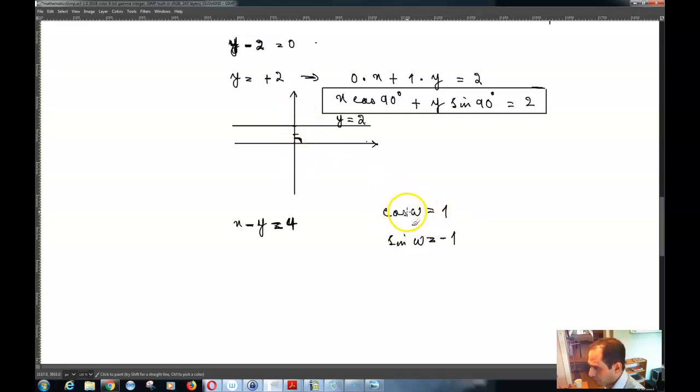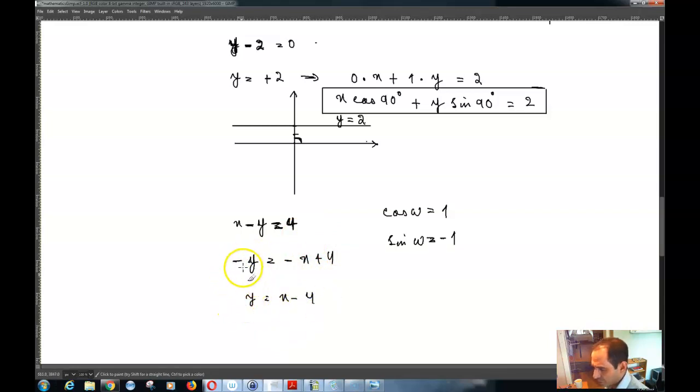And then at that angle, well, this is a line. So if you write negative y is equal to negative x plus 4, then y is equal to x minus 4.